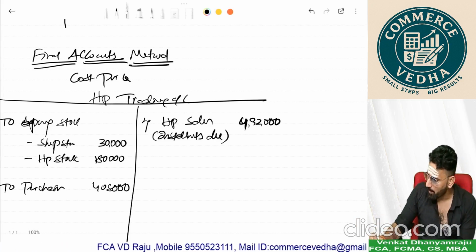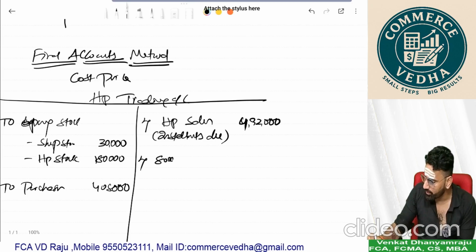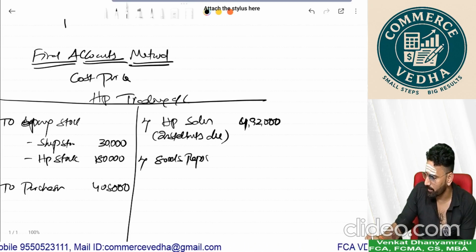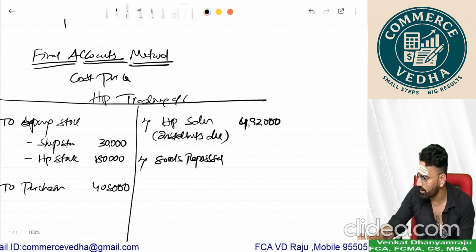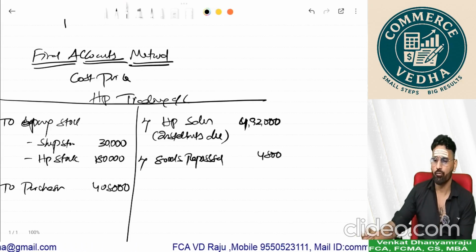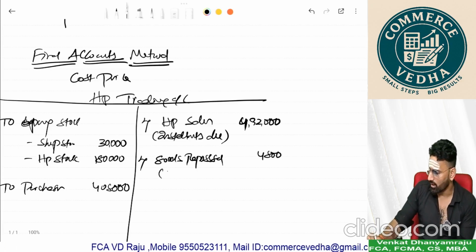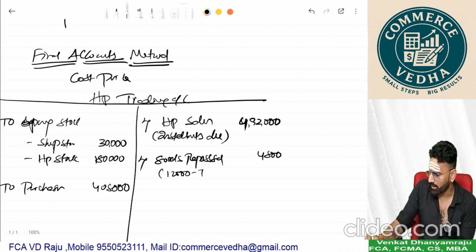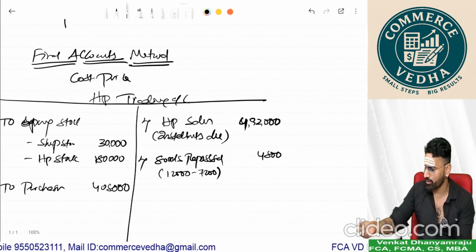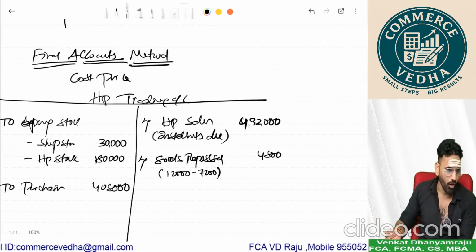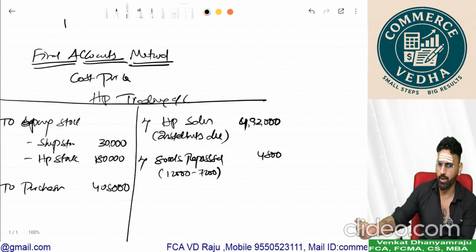And then by goods repossessed. That's also at original value, 4,800, which is 12,000 minus loss. Or you can post 12,000 here and the loss here. Both ways we get the same.